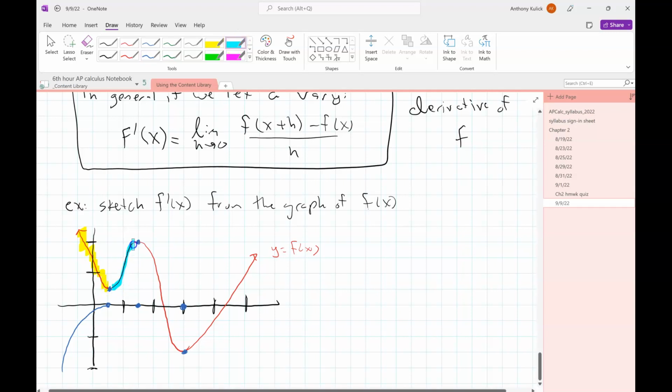I'll look at the next section here. The slope there is positive, and so my derivative should be above the y-axis. Yeah, I'm sorry, x-axis. Thank you. Now, does it matter how high I'm making these things?